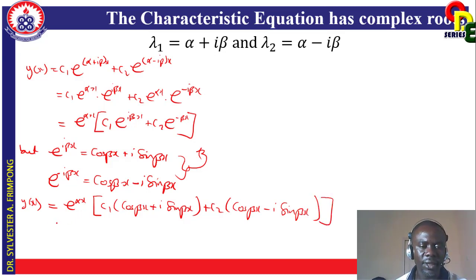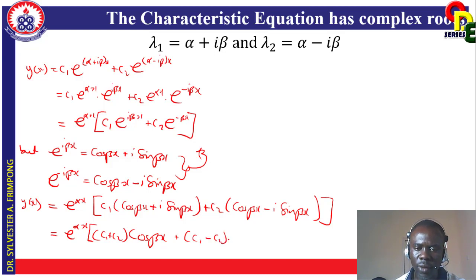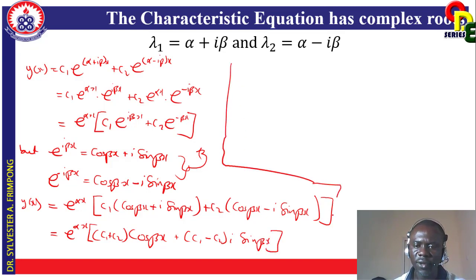And if you decide to group like terms in cosine and sine, then we can say that this is going to be C1 plus C2 times cos beta x plus C1 minus C2 times i times sine beta x. So this is what you're going to have here.